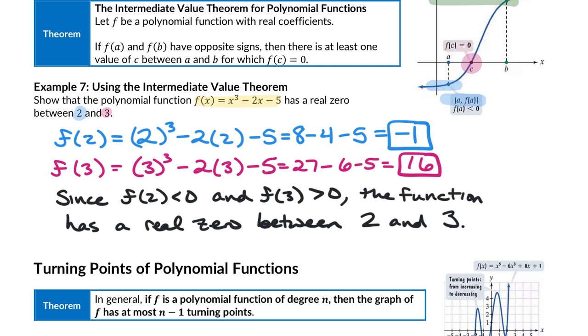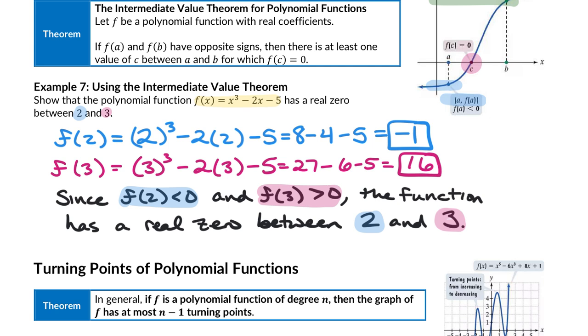So again, that's saying that since the first number we evaluate is negative and the second number we evaluate is positive, or vice versa, it could start off positive. If they're both positive or both negative, you could not use the intermediate value theorem to prove that there's a real 0. If they change signs, though, that's enough information by the IVT, intermediate value theorem, to prove it.